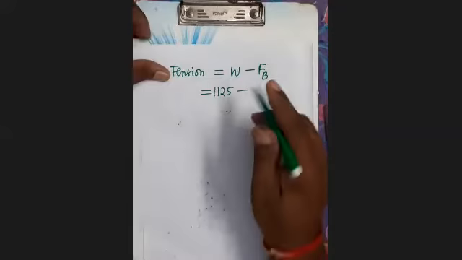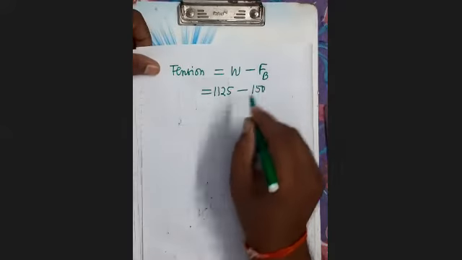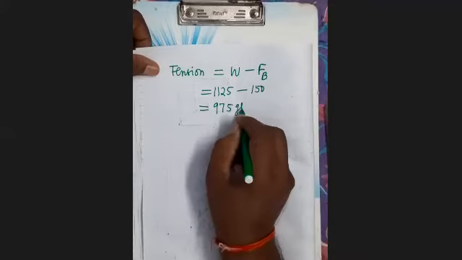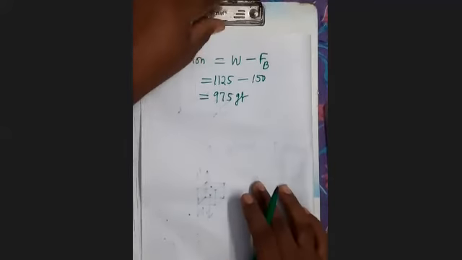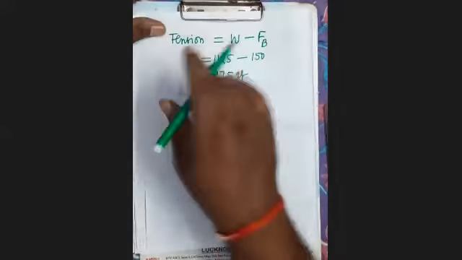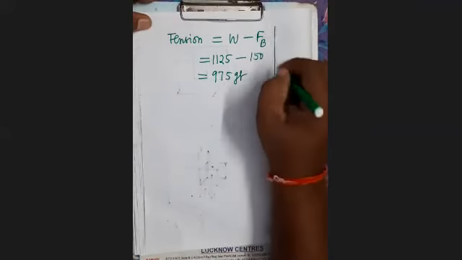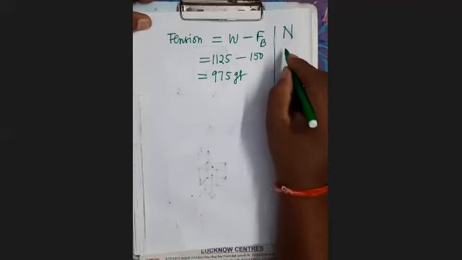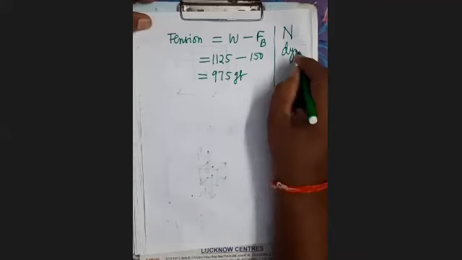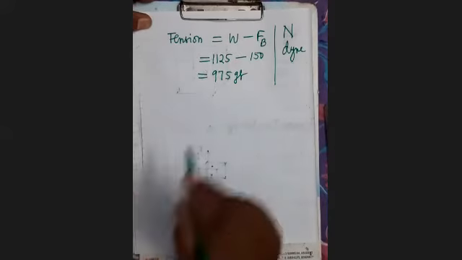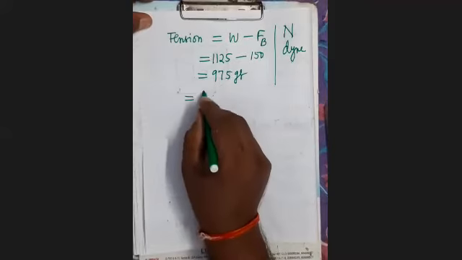So it will come out how much? 975 gram force. But as you know that it is a tension. Tension is a force, and force is always expressed either in Newton or its CGS unit in dyne. What is the SI unit? Newton. What is the CGS unit? Dyne. So first you convert in kilogram force.